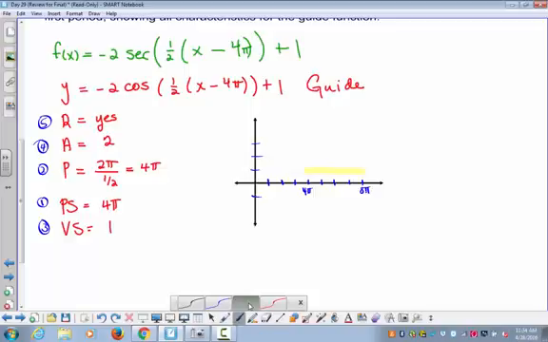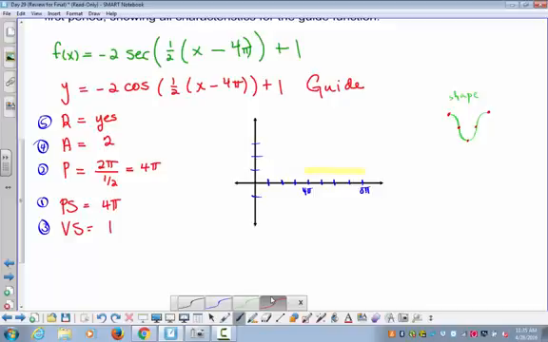And off on the side, let's get our shape for our guide. So cosine normally starts up, comes down. This is the shape for cosine, not the shape for minus cosine. The reflection obviously is going to come into play, but that's our basic shape for a cosine first period.